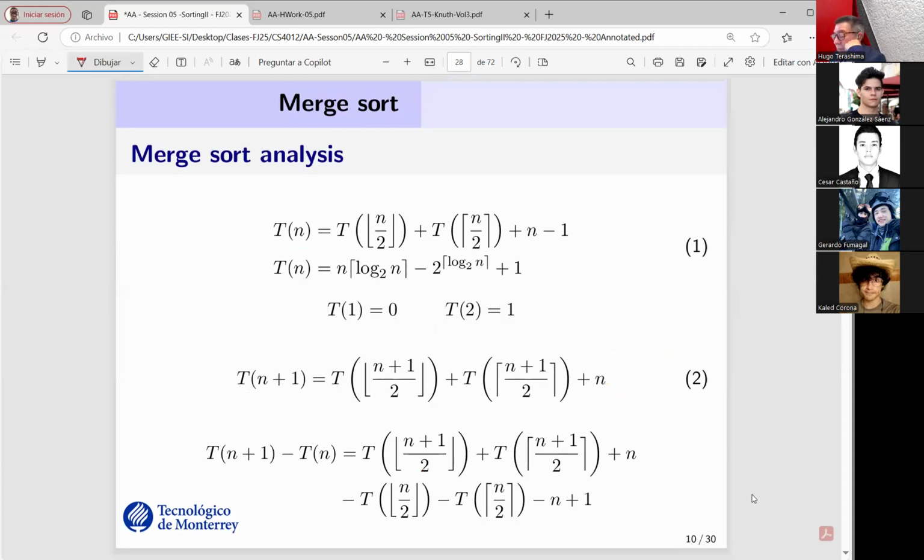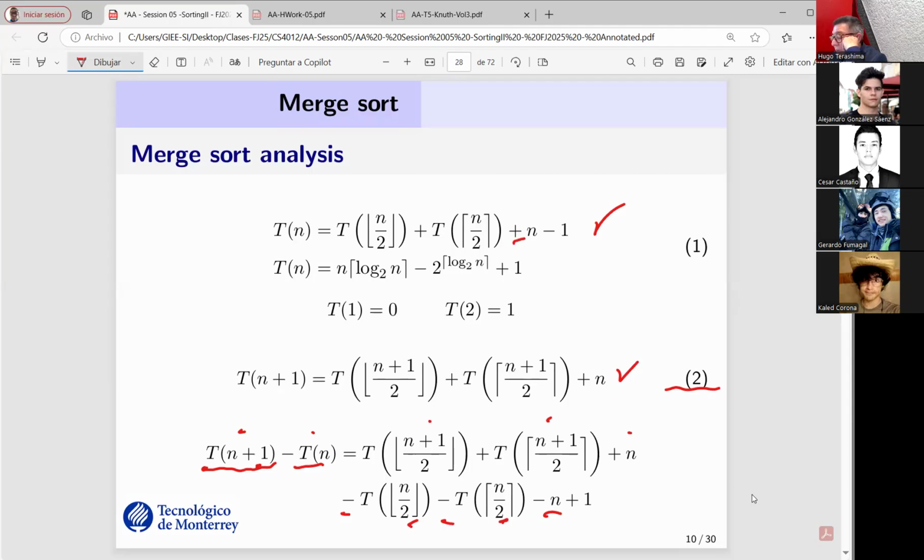Now, what I'm going to do is T of n plus 1 minus T of n, and I want to see the difference between these two recurrences. So the first one, T of n plus 1, is this one, equation 2, minus this equation. So it's going to be minus T of n over 2 ceiling minus T of n over 2 floor.